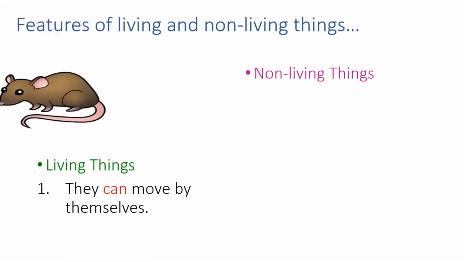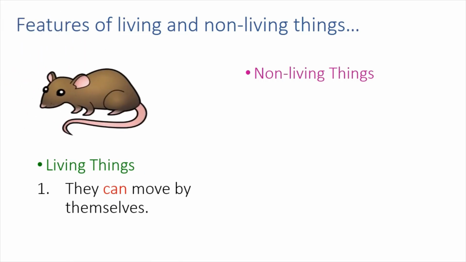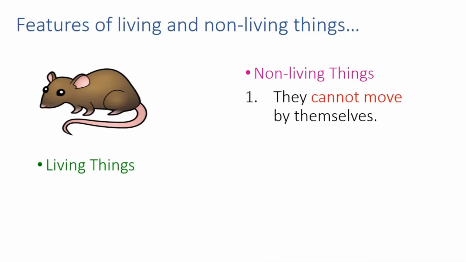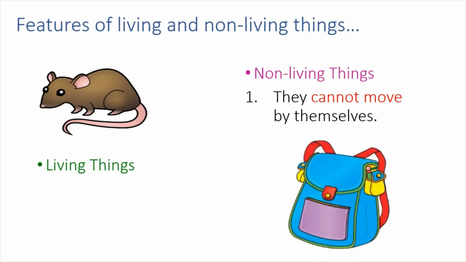For example, a rat. Whereas the non-living things cannot move by themselves. For example, a school bag which we are supposed to carry. Is it going to travel by itself? No, obviously not.